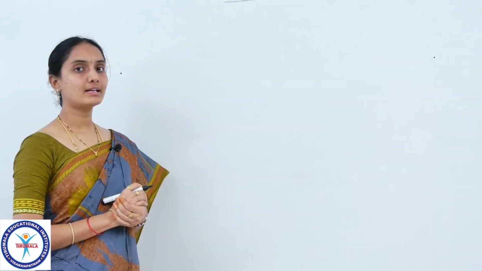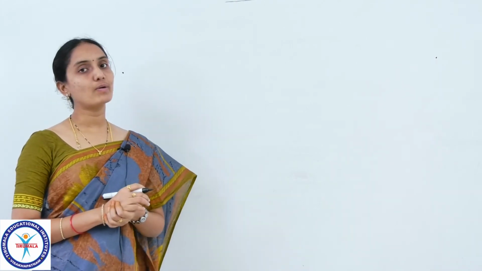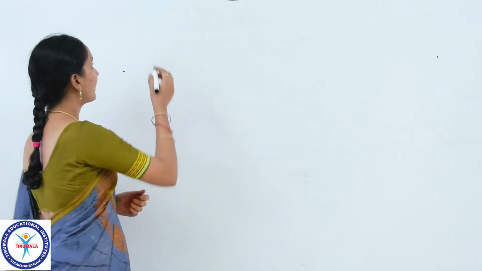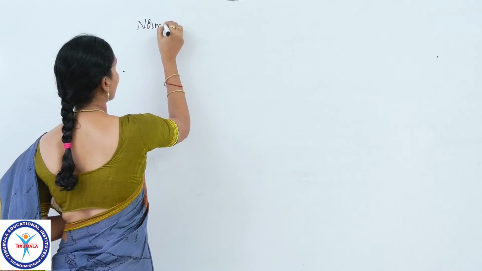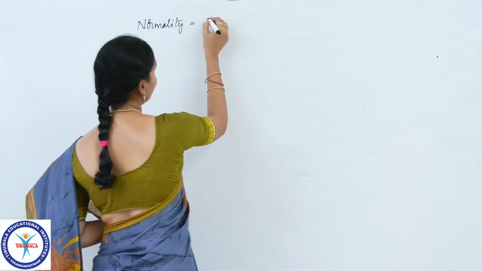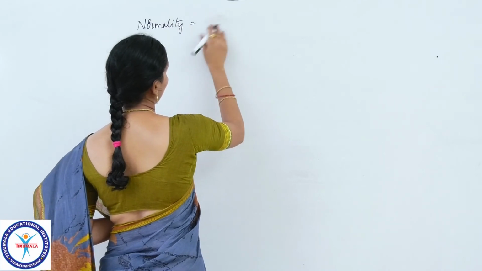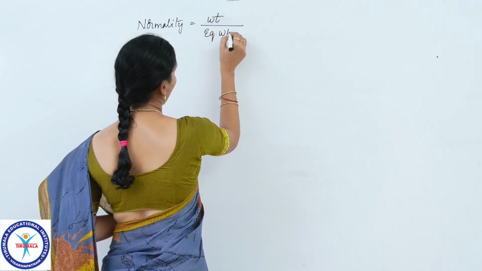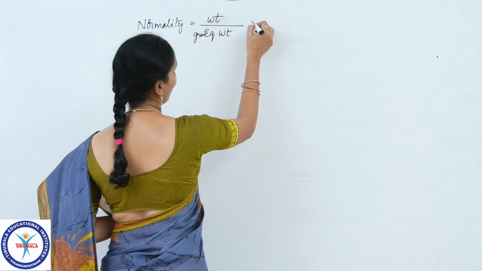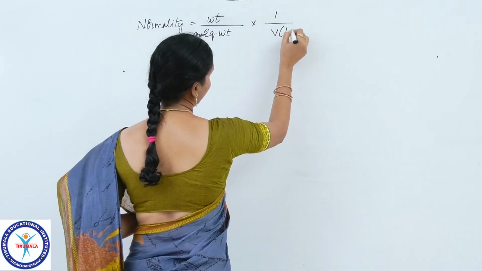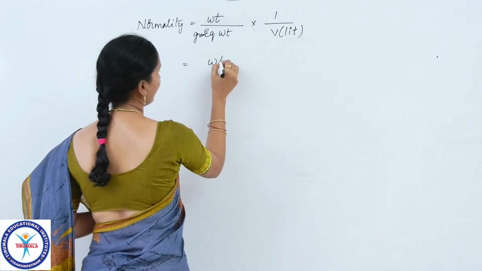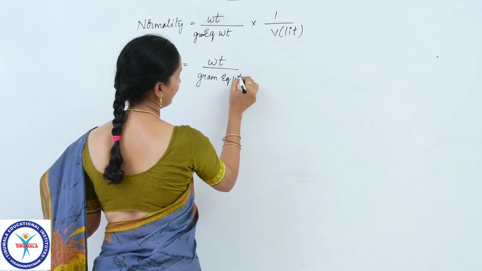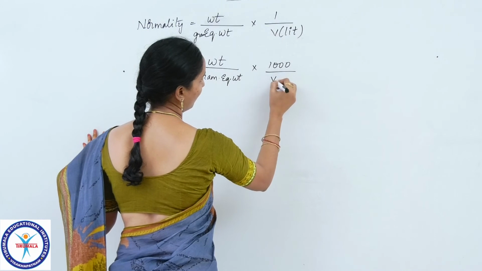So by calculating the equivalent weights of different solutes using the equivalent weight calculation formulas, you can calculate the normality of that solution. So normality is equal to the number of gram equivalents, that is weight by gram equivalent weight, into 1 by volume in liters, or the given weight divided by gram equivalent weight, into 1000 by volume in ml.